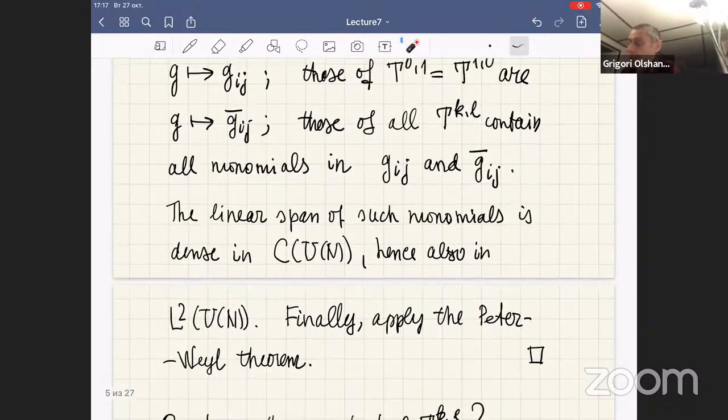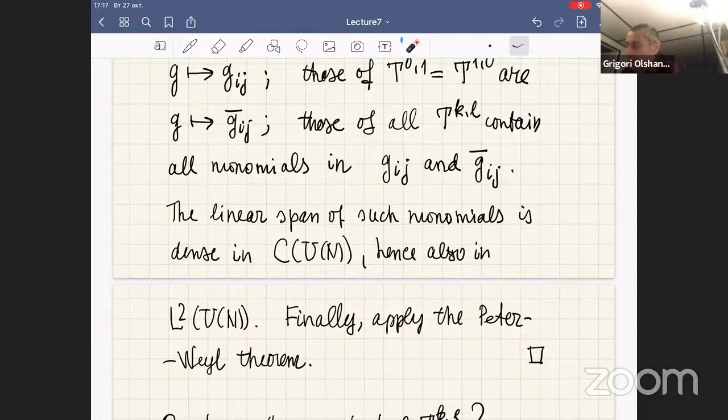But because this is a compact space, this algebra is also dense in the Hilbert space with respect to the Haar measure for trivial reasons. And finally, we apply the Peter-Weyl theorem to conclude that nothing is missing, that we catch all possible matrix elements of finite dimensional representations. So this is the end of the proof.